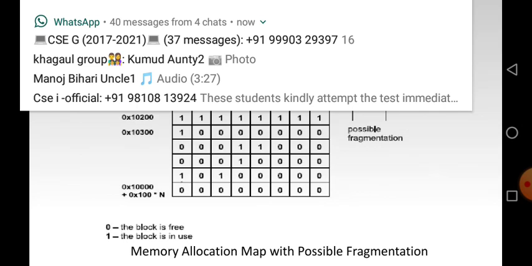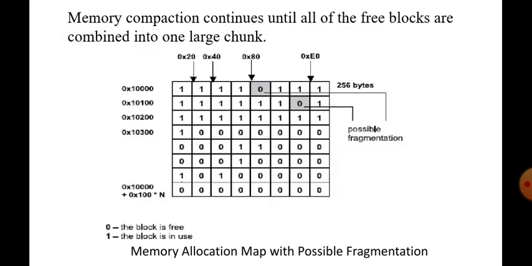In the next slide we discuss memory compaction, which continues until all the free blocks are combined into one large chunk. It is clearly shown in this figure and this slide.